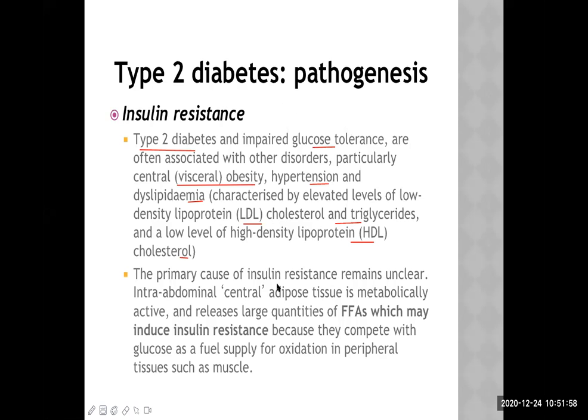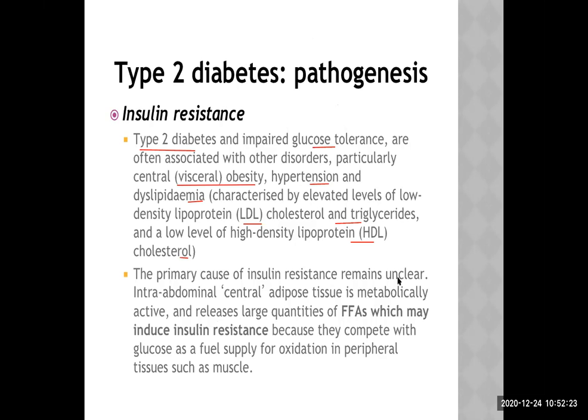The primary cause of insulin resistance remains unclear, though intra-abdominal or central adipose tissue is highly suspected for this mechanism because it is metabolically active and releases large quantities of free fatty acids, which may induce insulin resistance.